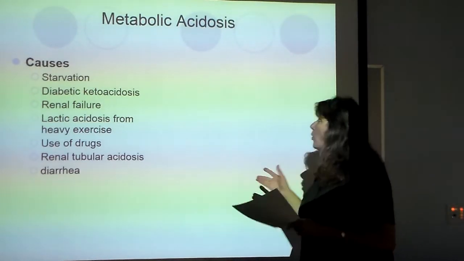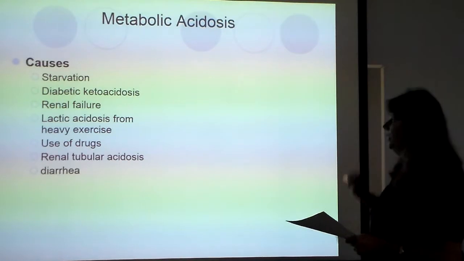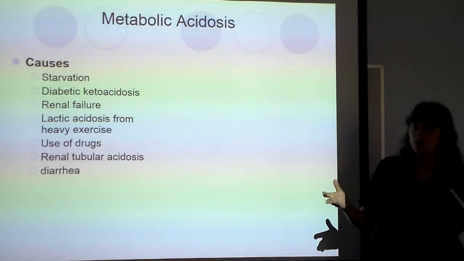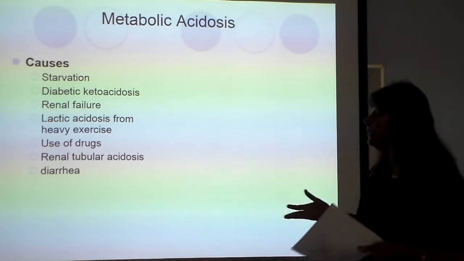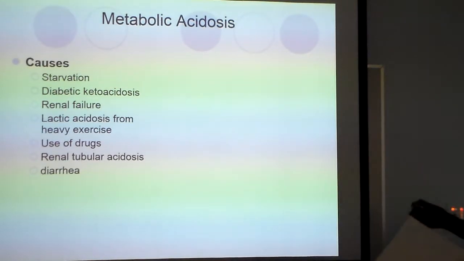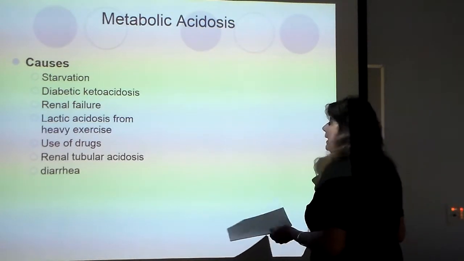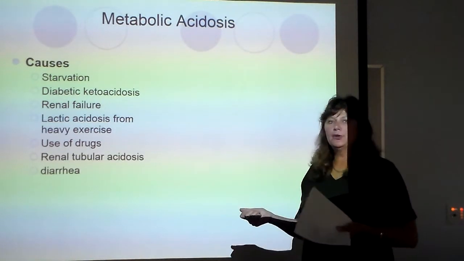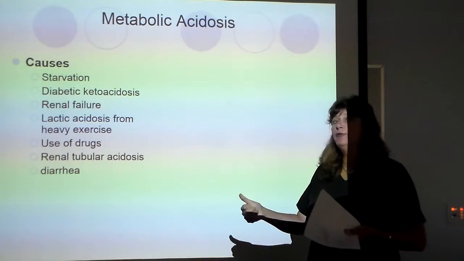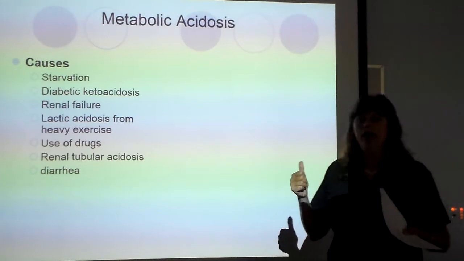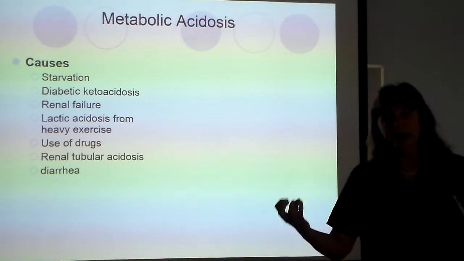And the causes for metabolic acidosis: starvation, DKA, diabetic ketoacidosis with our type 1 and type 2 diabetics. Renal failure, lactic acidosis from heavy exercise, or a myocardial infarction when the heart stops and the cells no longer are aerobic and respirating.